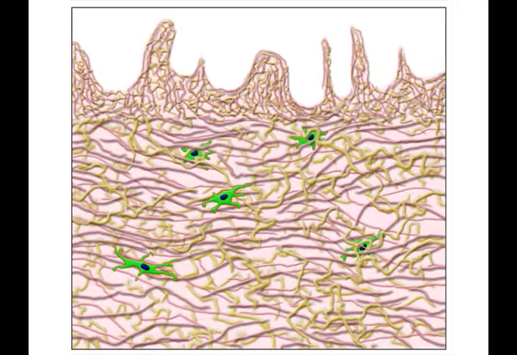The next topic for discussion is the extracellular matrix in the dermis. The extracellular matrix is between the coarse collagen bundles and, of course, the area where the dendritic cells reside.